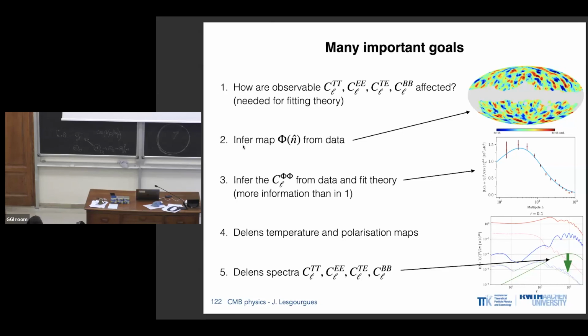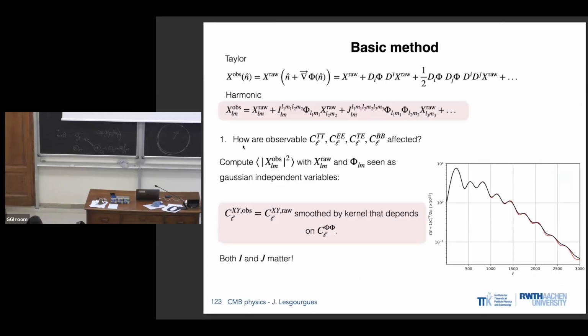How do I compute my lensed C_Ls? Well, I start from this equation, and now I take the variance of X. If I want to compute, for instance, the lensed C_L^{TT}, I will take two T_lm's, multiply these two, take the variance, and I will treat the unlensed X_lm and φ_lm as two Gaussian fields with some variance that I know.